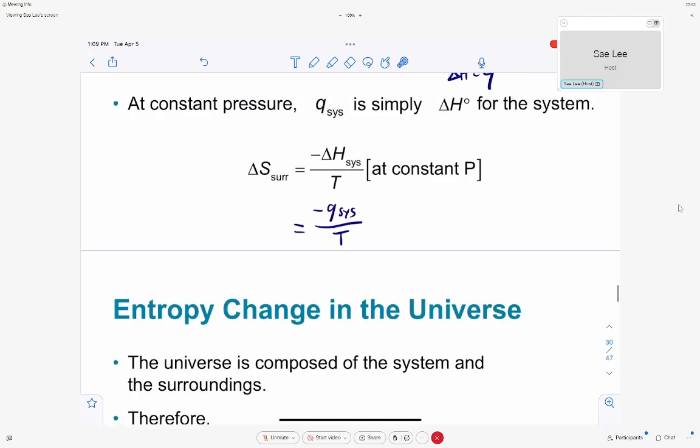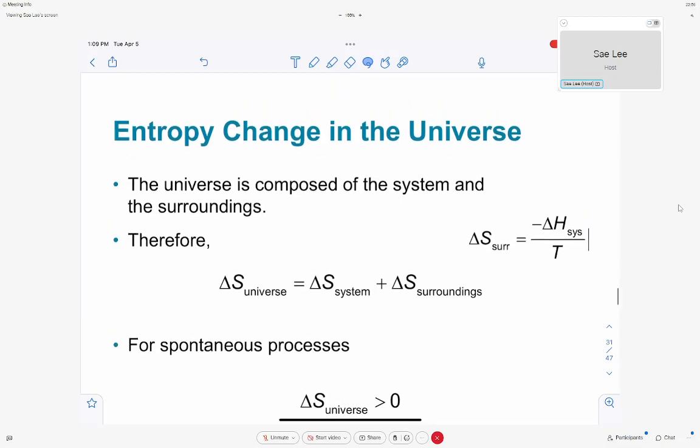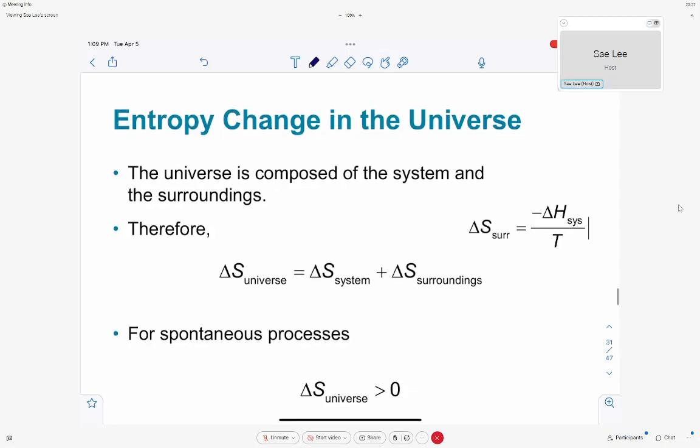So let's bring this down. Let's say you are given change in entropy of a system, and you're given enthalpy of a system, can you find change in entropy of the universe?